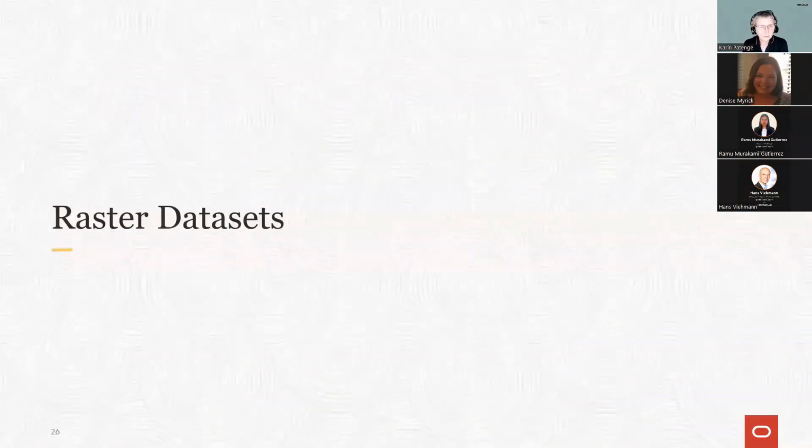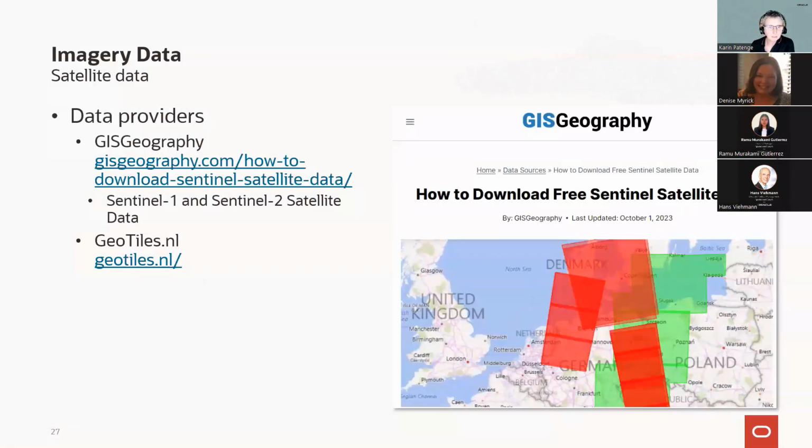Okay, raster data sets. So specifically looking into imagery or weather data, and here I can recommend, beside what we have seen before on the Oracle Open Data Portal, there's also a portal where you can download satellite data, Sentinel-1 and Sentinel-2 satellite data, and you have as well the chance to select the data you want to download and make sure that you get the scenes, the imagery you are interested in.